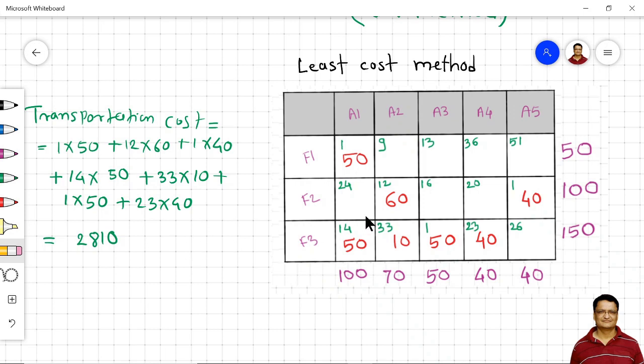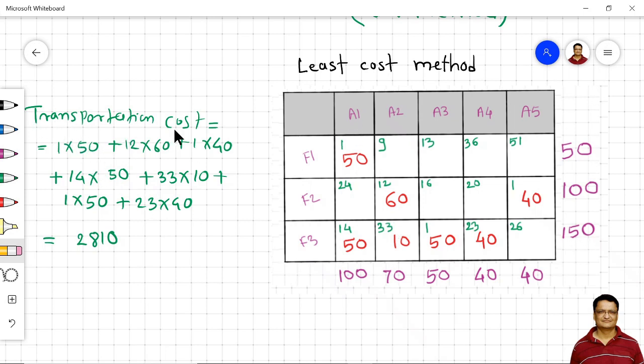Also, now we want to check whether this is the optimum solution or not. And if it is not an optimum solution, then some reduction in cost is possible. But before that, let us evaluate the transportation cost for the current solution.